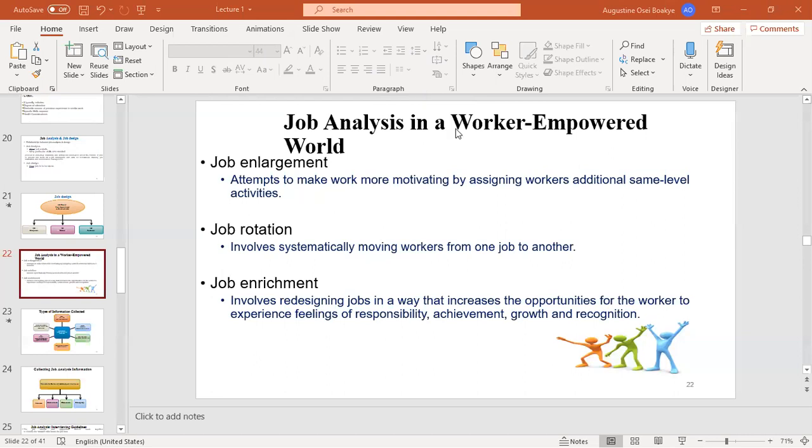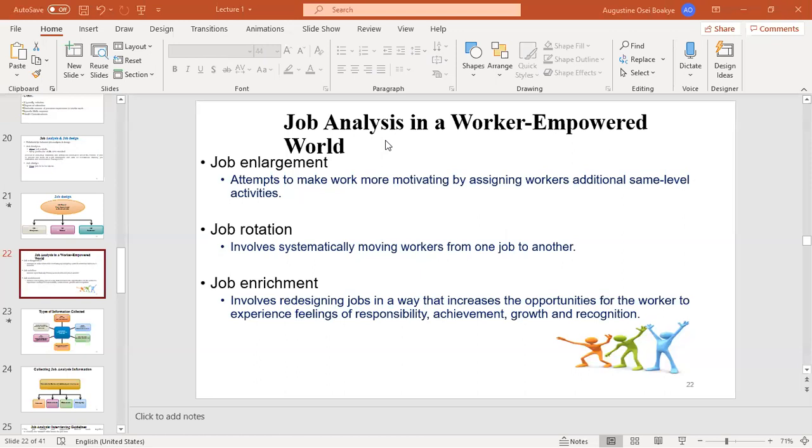All right. When we talk about job enlargement, the idea behind it is very simple. It means that a previously smaller job is being recalibrated to contain additional roles. In other words, previously separate units of jobs.